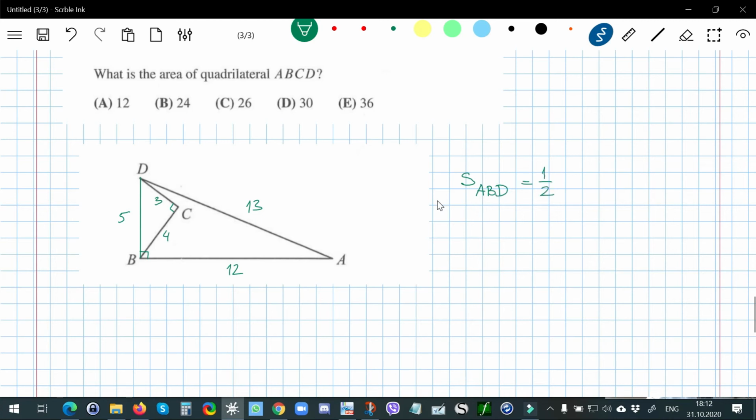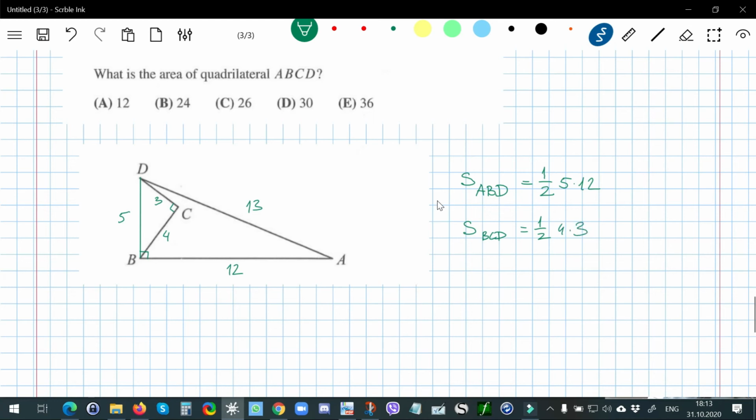It's 1/2 of the product of the legs. It's 5 times 12. And the smaller triangle, right triangle again, BCD, the area of BCD is 1/2 times 4 times 3.